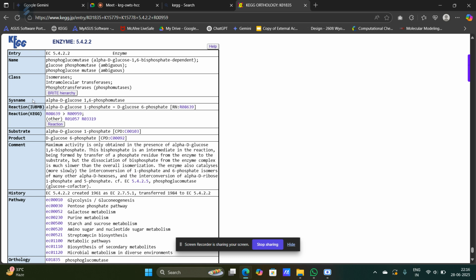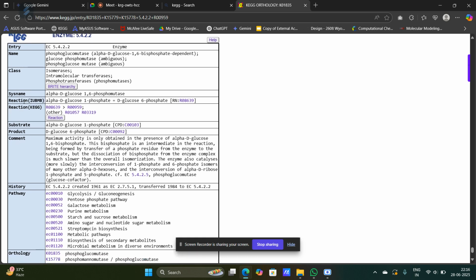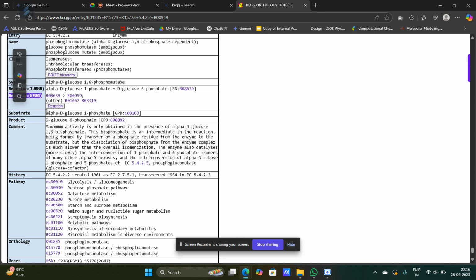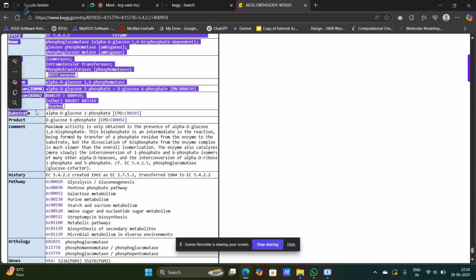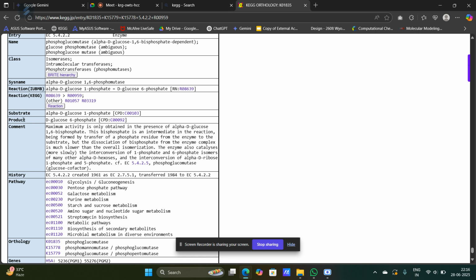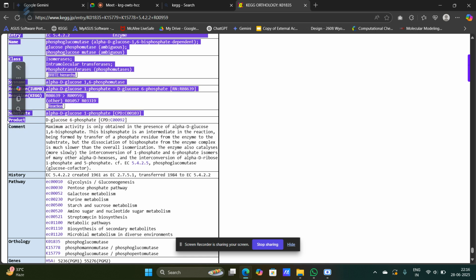And you again have reaction related information. It even specifies that it belongs to the KEGG reaction database. And again, the substrate related information, on which compound it acts and what it forms, the product information.